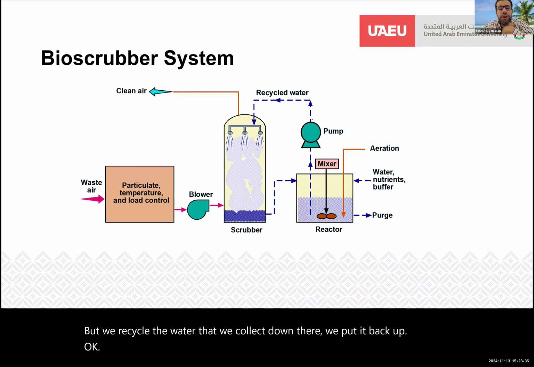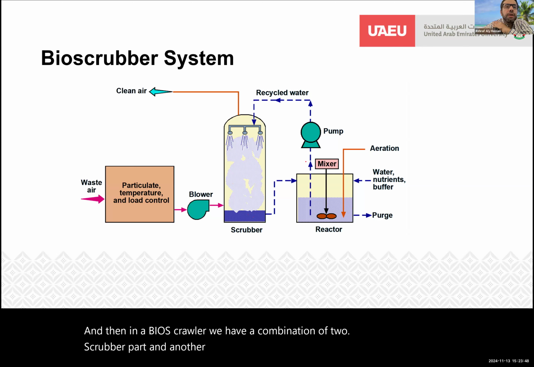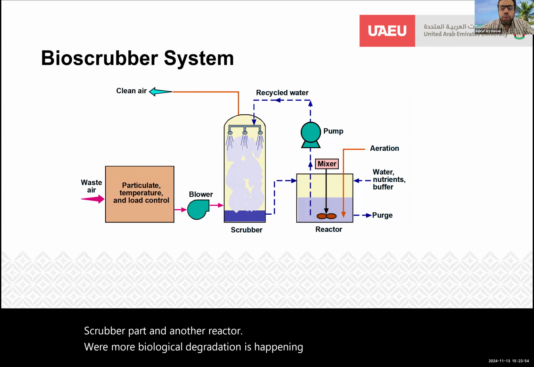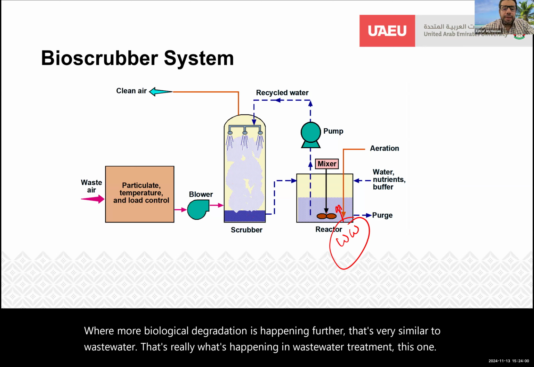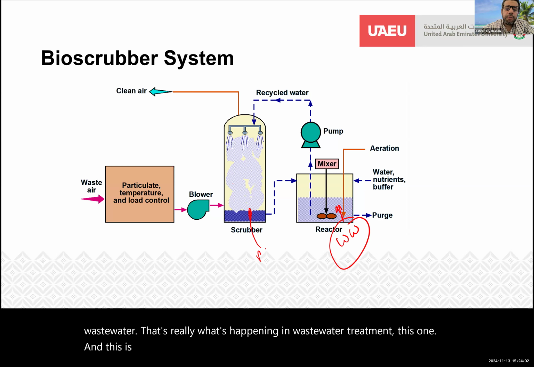And then in a bioscrubber, we have a combination of two: the scrubber part and another reactor where more biological degradation is happening further. That's very similar to wastewater. That's really what's happening in wastewater treatment, this one. And this is the biofilter for air, what's happening earlier on.